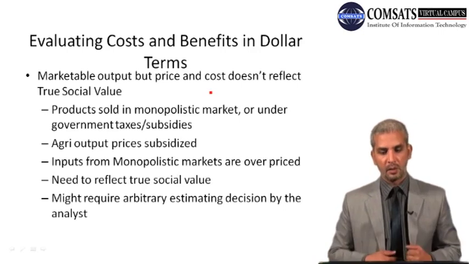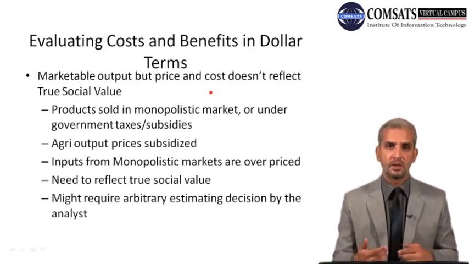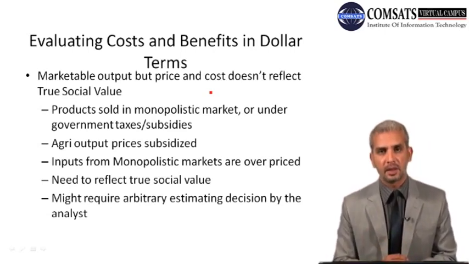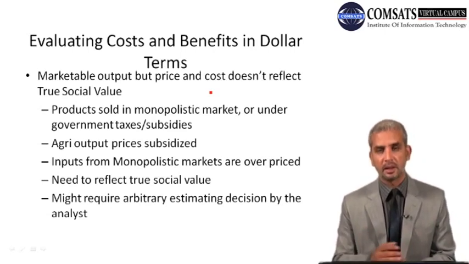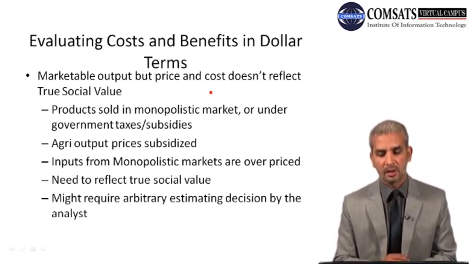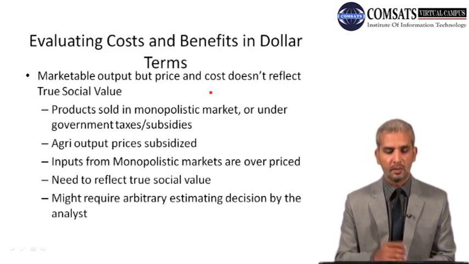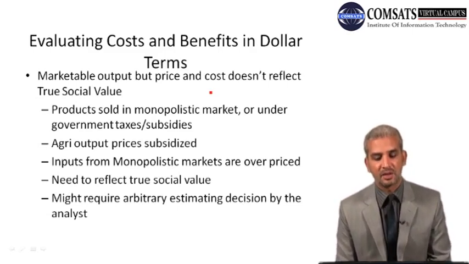Now, marketable output, but price and cost do not reflect true social value. The first scenario was the case when the products were not marketable, but the second case is where the product is marketable in the market, but the prices and the costs do not reflect the actual dollar value. For example, products sold in monopolistic markets or under government taxes and subsidies.